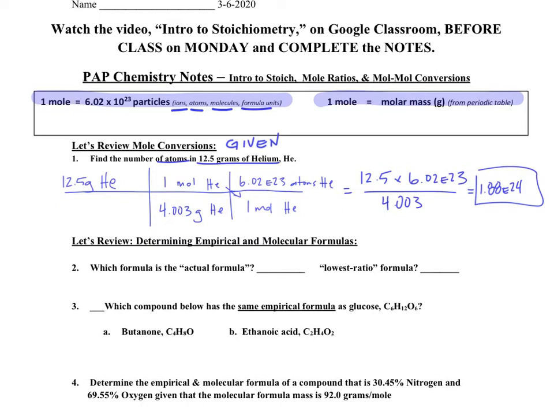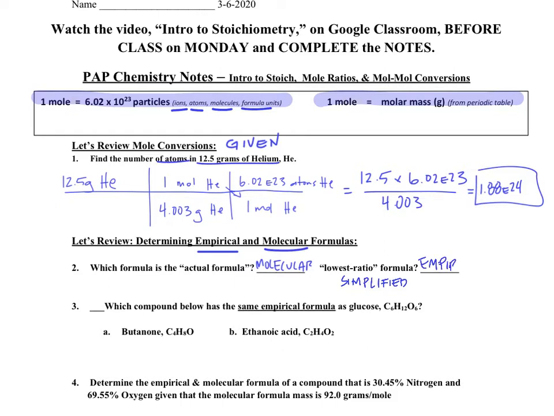Okay, so continuing our review between empirical and molecular formulas, which formula is the actual formula? So the molecular formula is the formula that tells me the actual number of atoms in a compound. And the lowest ratio formula, or the simplified version of that, is the empirical formula.